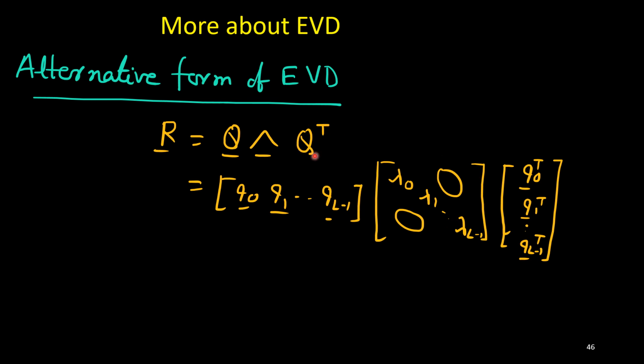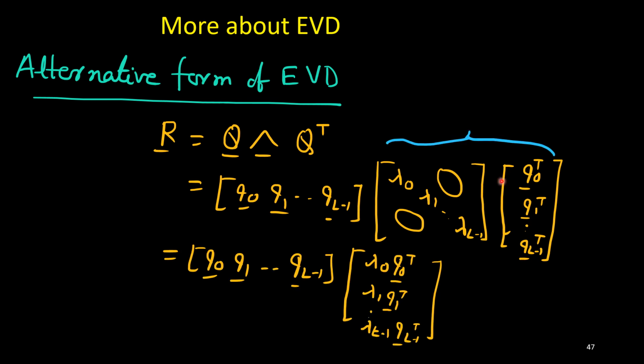Q transpose we can write like this: Q0 transpose becomes a row, next Q1 transpose is the next row, then Q2 transpose is the third row, and like that QL minus 1 transpose is the last row. Again, you will find a matrix of dimension L cross L, but this is the orientation.